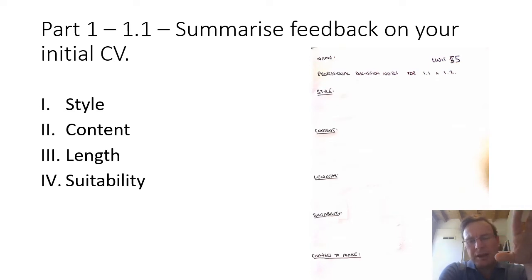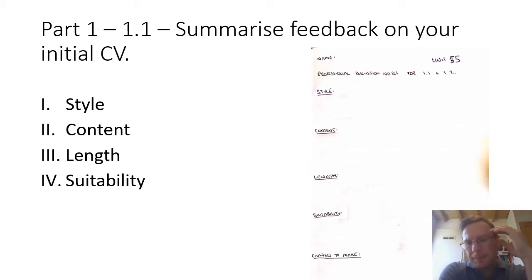What you see here on the right hand side is a sheet that you're going to create to write down your notes. The key thing is, at the top, I've got a name, and on the right hand side, I've made it quite messy, Unit 55, and then the title is Professional Discussion Notes for 1.1 and 1.2.